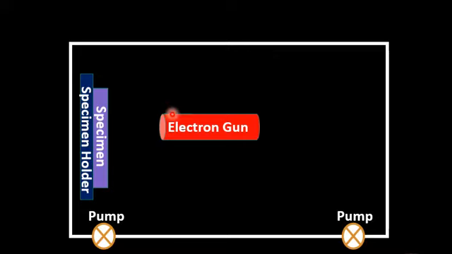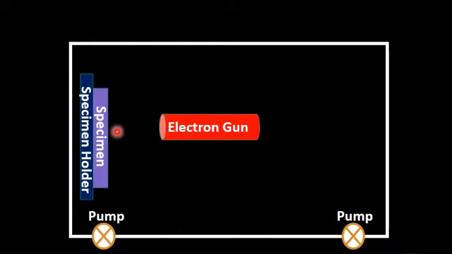The stream of electron beam from the electron gun will be incident on a specimen. Dear student, please note that Auger electron spectroscopy uses a focused electron beam to stimulate the material surface. So the electron gun will direct a focused electron beam onto the surface of the specimen.